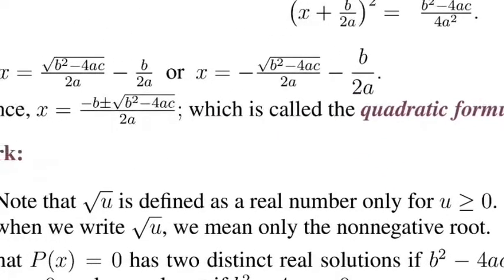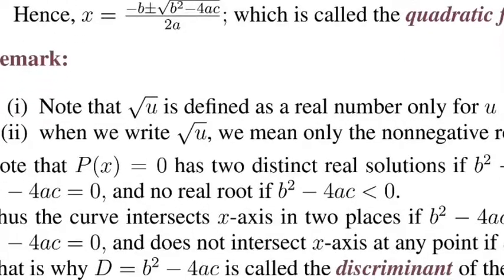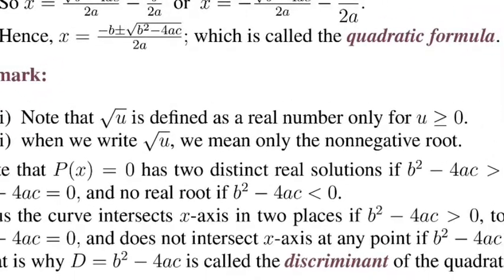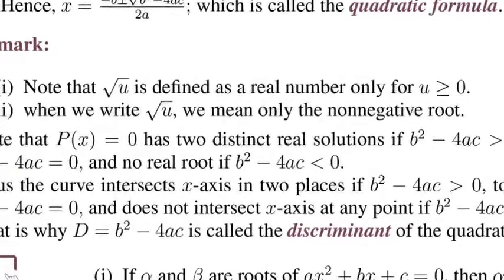Next, root u is defined as a real number only for u greater than or equal to 0. If we write root u, we mean only the non-negative root. Suppose it becomes negative, then it becomes an imaginary number, which we'll see in 12th standard.